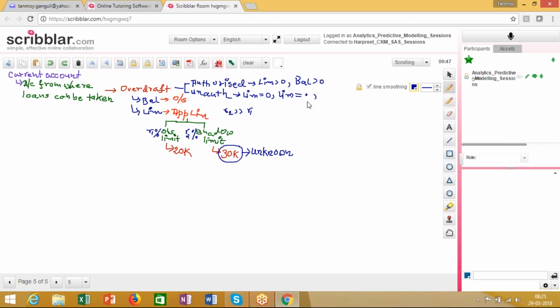And in unauthorized overdrafts, the limit is either zero or missing, but the balance is greater than zero. So this is basically what overdraft would look like, right? These are two possible facilities which are generally seen.